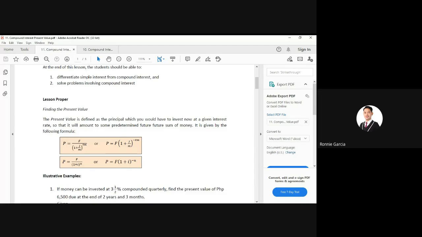So we are clear about that one, and now we'll continue to solve the problems, this time involving the present value. So as you can see right now in our material, nag-change ang iyahang formula from the formula before that F is equal to P times the quantity of 1 plus I raised to the power of N, if you can still recall, or if you have a copy right now.